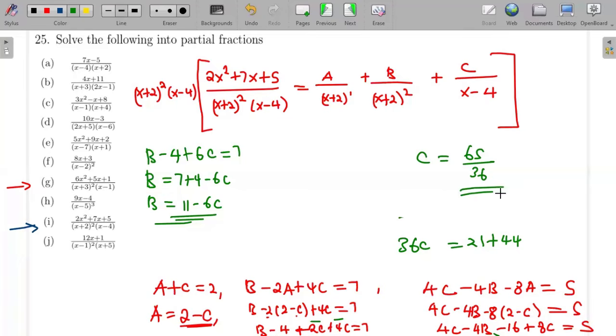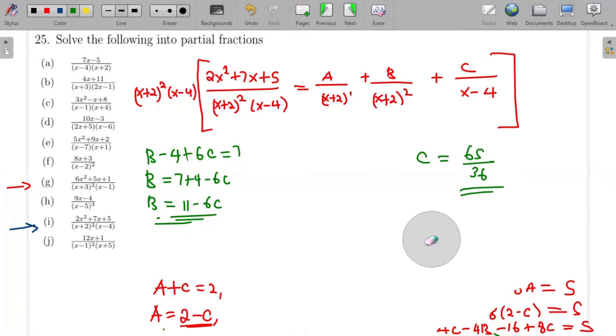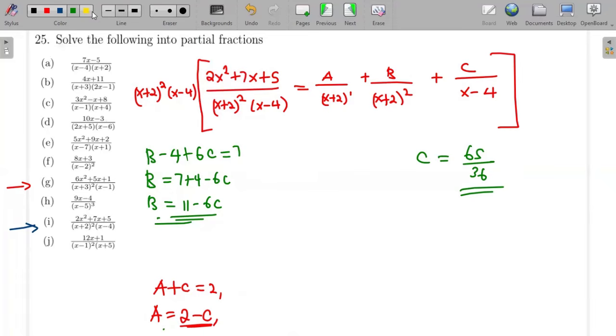Okay, so this is the value of c that we found. So we can use it to find the value of b and a, since we have the c. So we're going to use those two equations that we had found earlier. So b is equal to 11 minus 6 times 65 over 36.